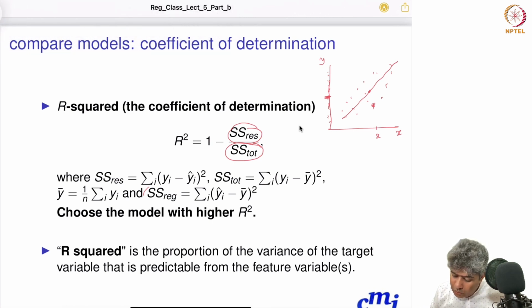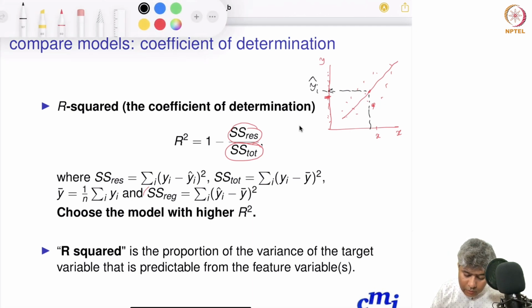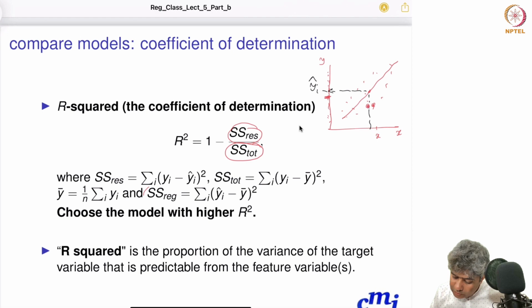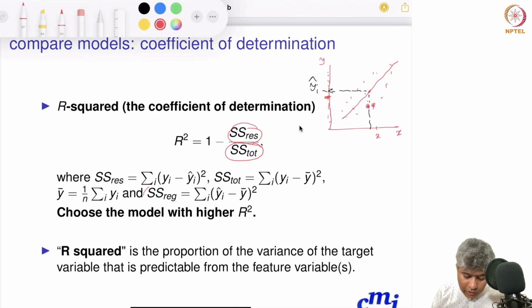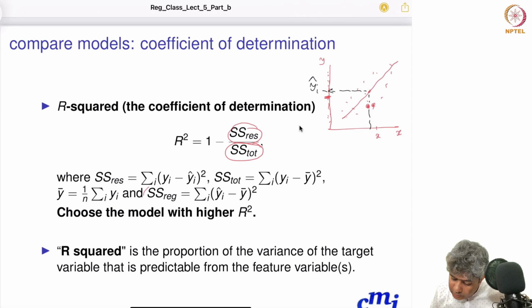Suppose this is the predicted value, so the predicted value is yi hat, and this is the original value, yi. So naturally, yi minus yi hat is the residual.